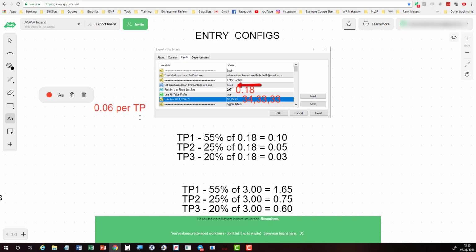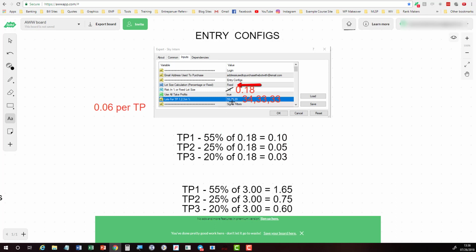Okay, but that's assuming that you're getting 3 take profits. Now, what happens if the signal only comes with 1 take profit? Well, guess what? Your full lot size on that one order is going to be 0.18.